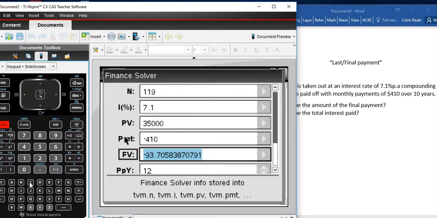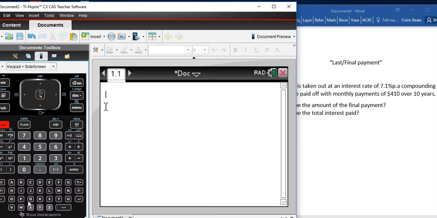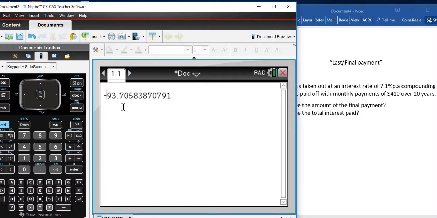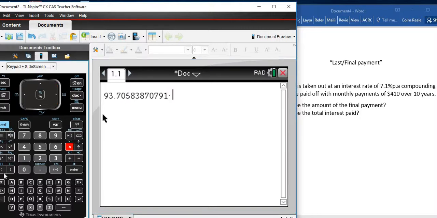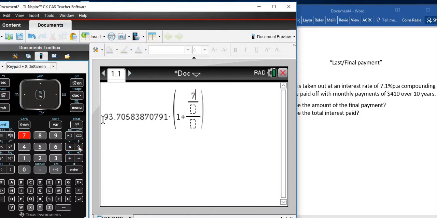I'm just going to copy and paste that. That's the amount still owing, and I haven't rounded it. That's the amount still owing prior to the last payment. Now the bank is going to charge you interest on that, so 1 plus our interest rate, which was 7.1% compounded monthly.